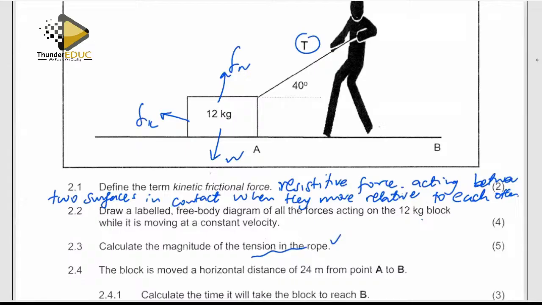All right, and then 2.3, they want us to get the magnitude of the tension. So when we look at the tension, we have two components. Number one, we have the vertical component, which is going to be T sine of 40, and then the horizontal, which is T cos of 40. Now, if I look at just the horizontal, I'll be focusing on this being equivalent to the frictional force.